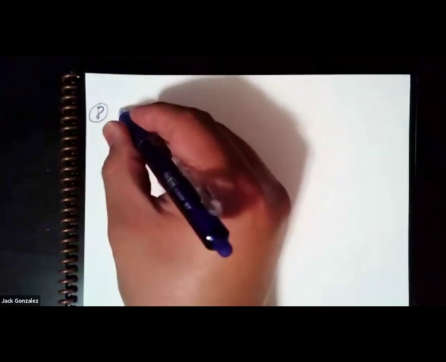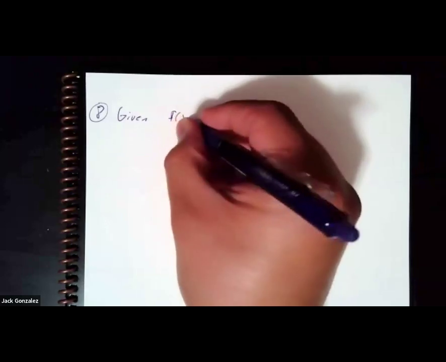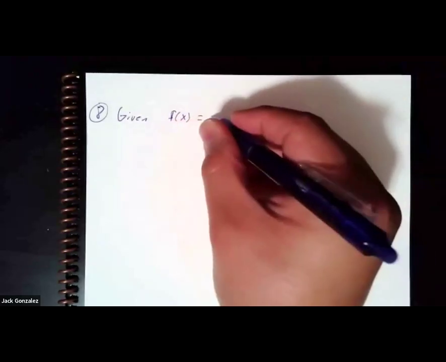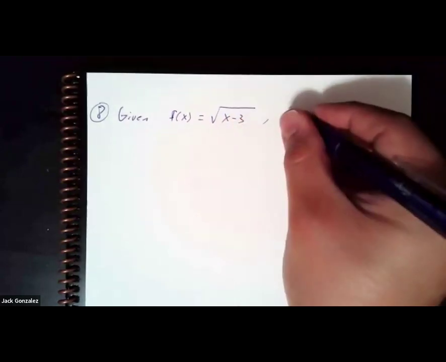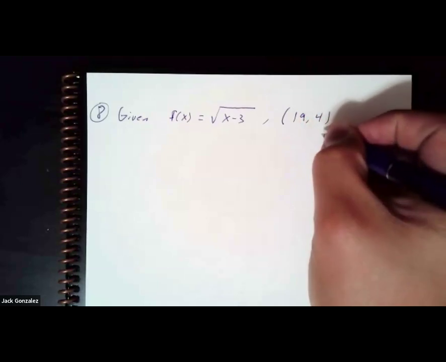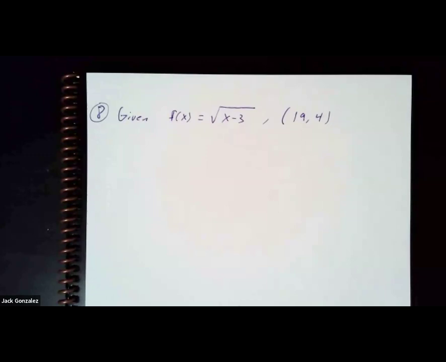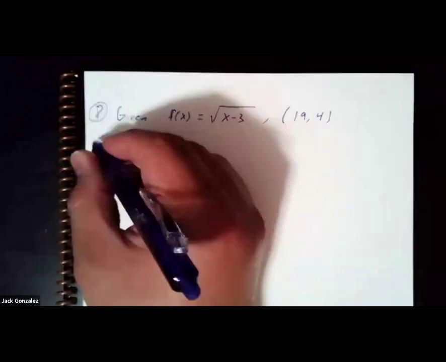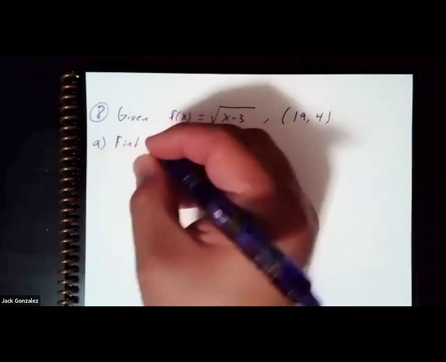I believe that's number 8. Given f of x equal to the square root of x minus 3 and the point 19 comma 4, part A. I'm going to make it more clear.